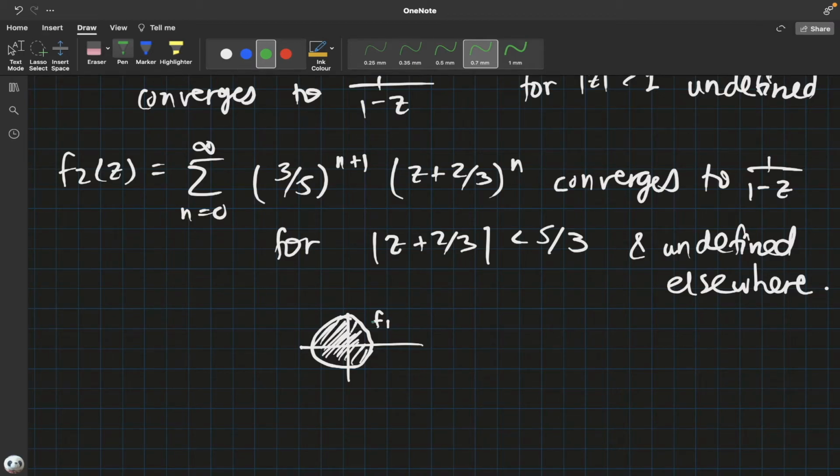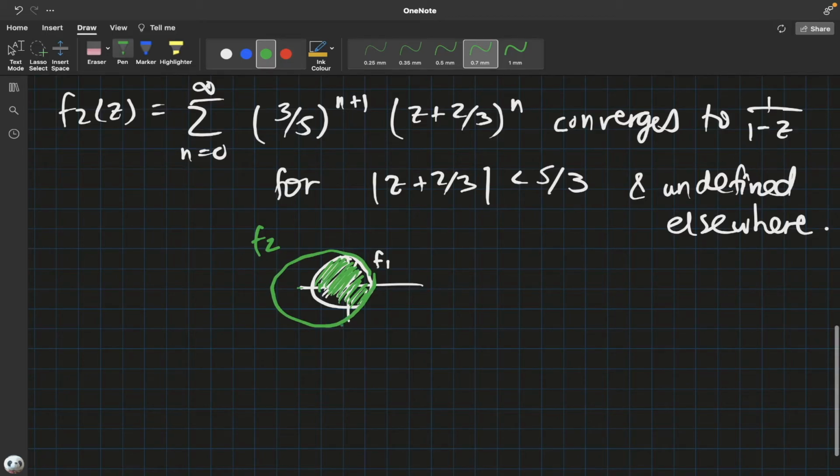So minus 2 over 3 is somewhere maybe here. So it's this green thing. And notice they have a region in common. All of the region of f1 is included in the region of f2. So they have that in common.